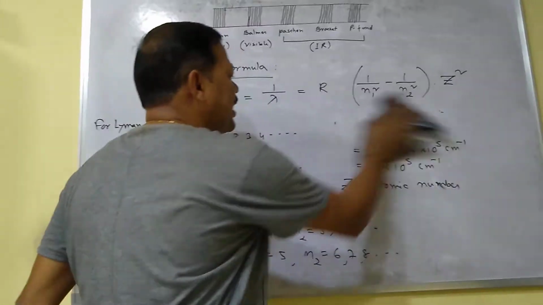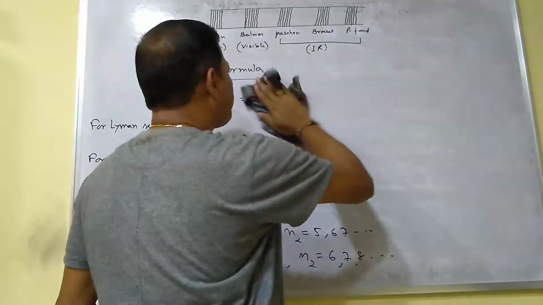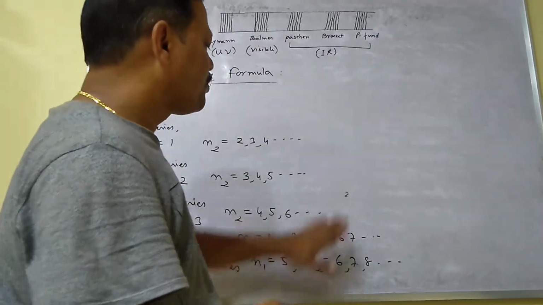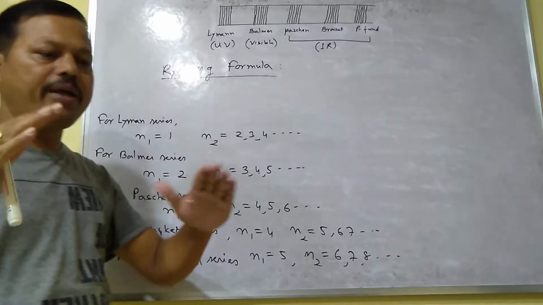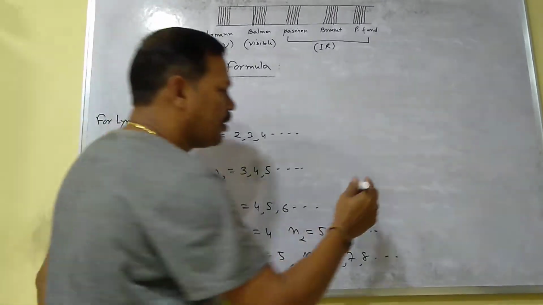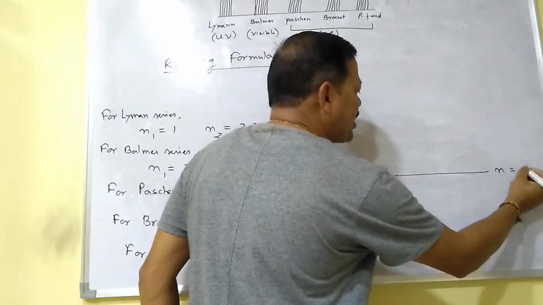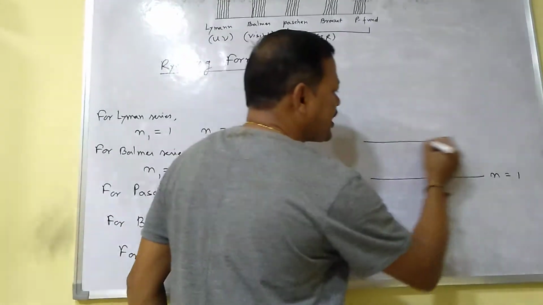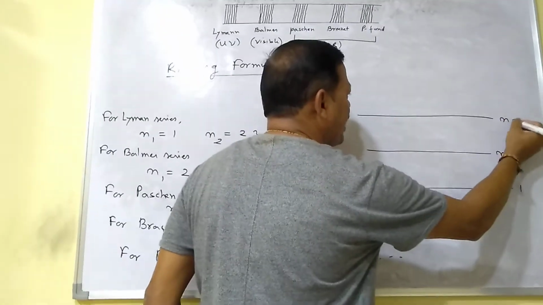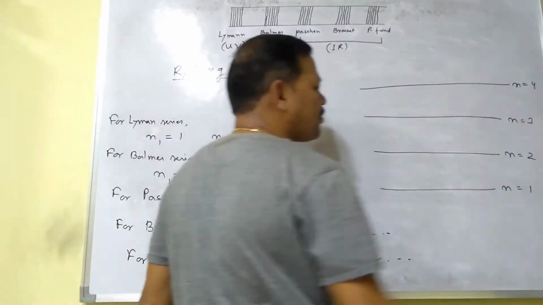Actually, what are n1 and n2? In Bohr's theory, an atom contains a number of shells. For the first shell, the n value is 1. For the second shell, n is 2. For the third shell, n is 3. For the fourth shell, n is 4.